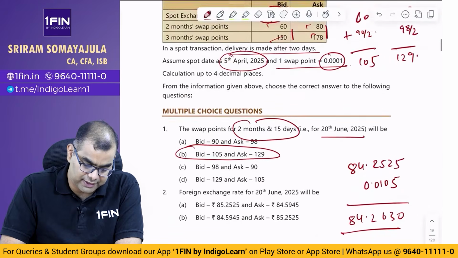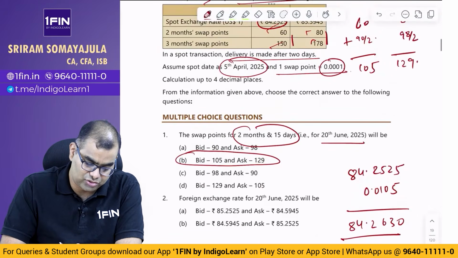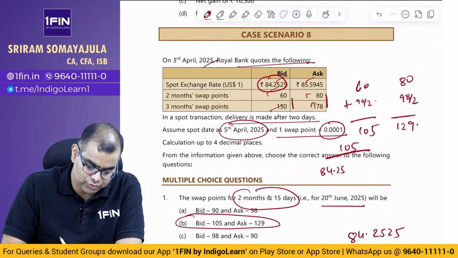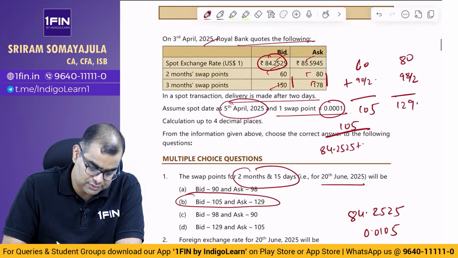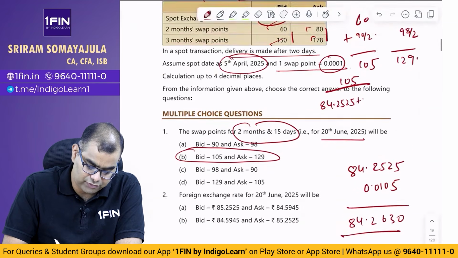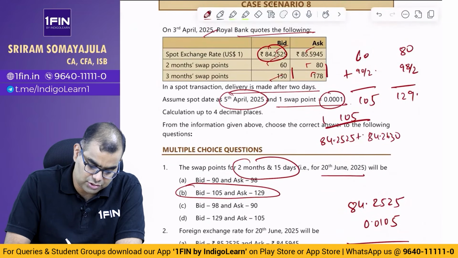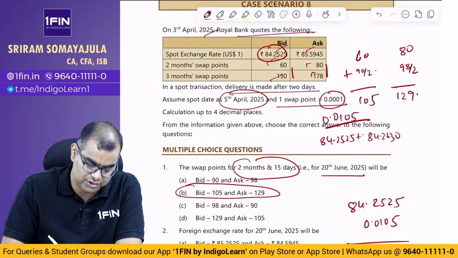Now you see bid may, and they said on average rate. So what you are expected to do is 105 divided by the average of 84.2525 plus 84.2630, 0.01 this much.